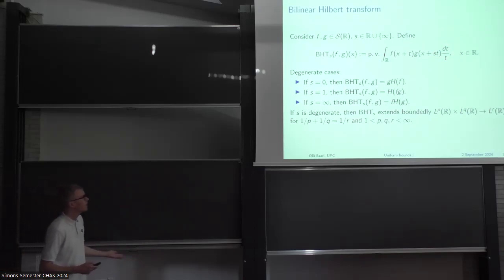There are some special cases, which are called the degenerate cases. If s is 0, this g function doesn't depend on the integration variable t at all, so we can pull g(x) out of the integral. In that case, the bilinear Hilbert transform reduces to g times the Hilbert transform of f.